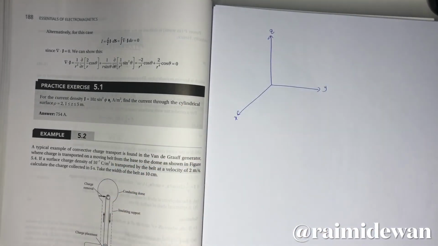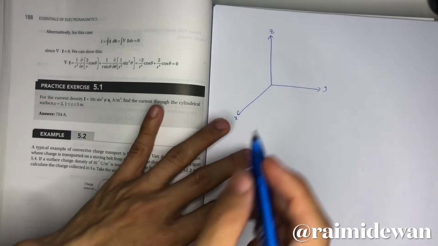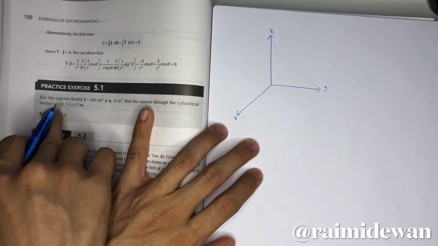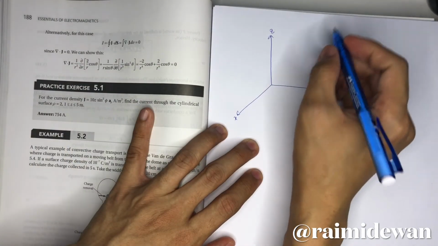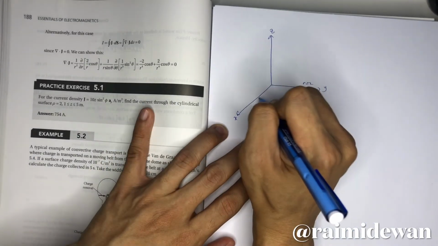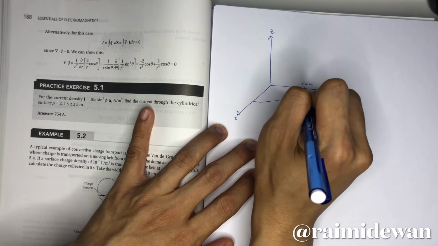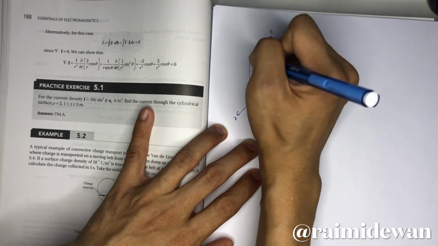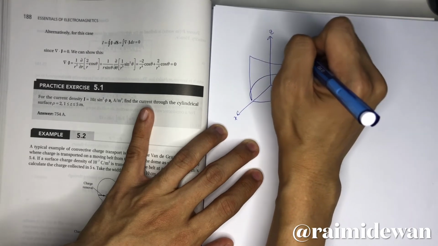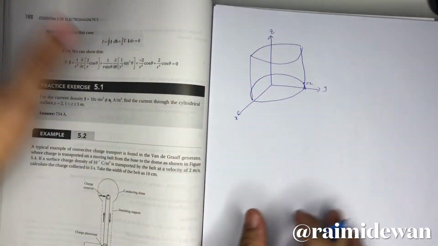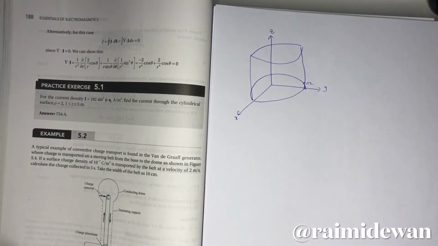Then the normal cylinder you see is R equals 2, so R2 here, radius. Then just draw your cylinder. I'm not an artist, so you guys just have to bear with me. So this is the cylinder. That's not a good cylinder anyway.